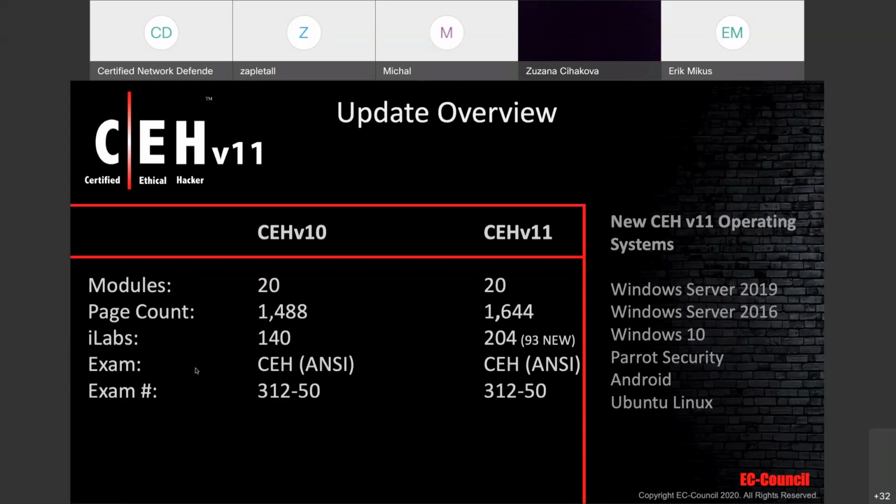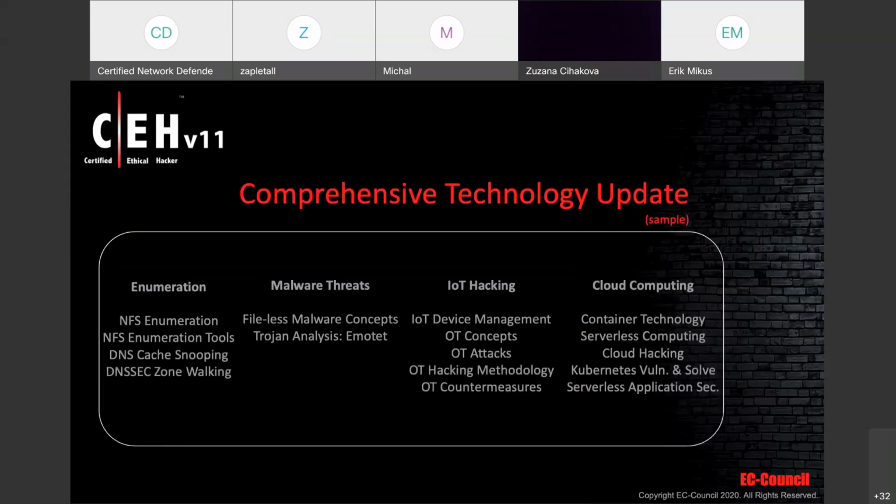So even more labs to get your teeth stuck into the practical element. If you take a look at the technology updates, I will share these slides with GOPAS, so they can share them with you. Ultimately, it's a comprehensive update of all of the technology as well.